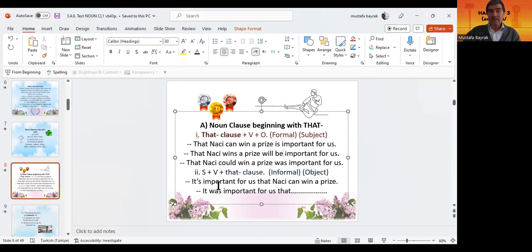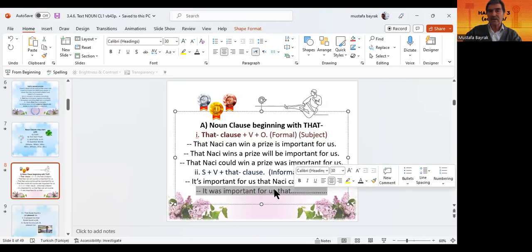Okay. Now, Roman number 2, with impersonal subject. It's important for us that Naci can win a prize. In simple past tense, it was important for us that Naci could win a prize.